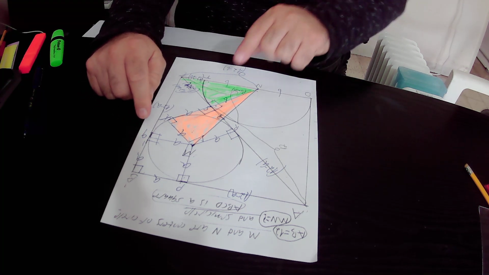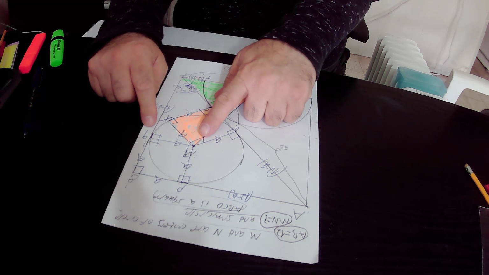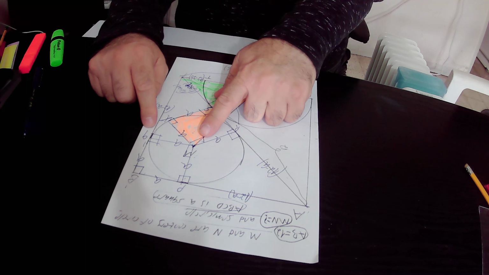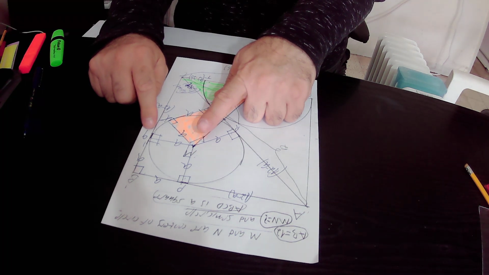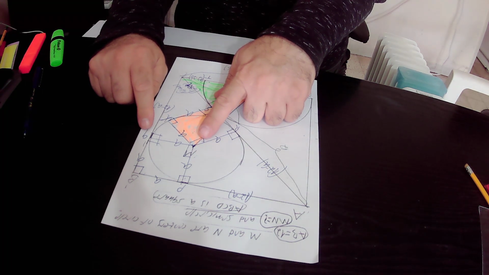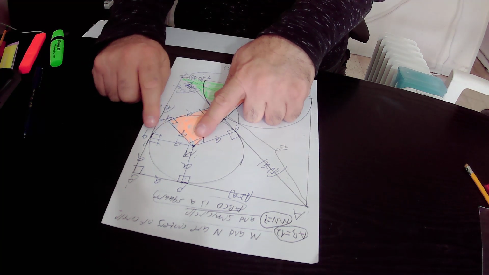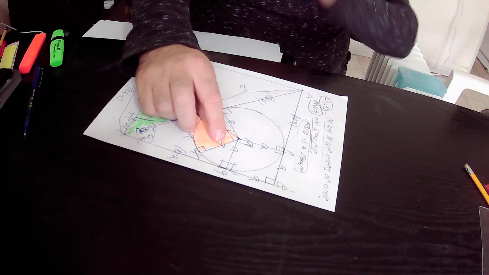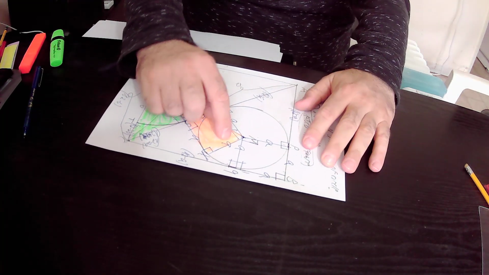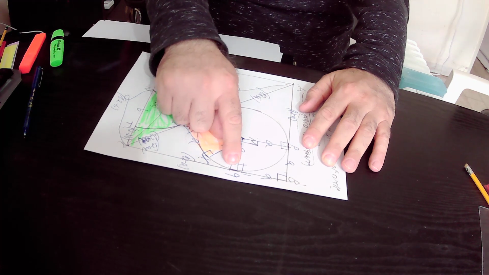And we join points M and Q together by a straight line. MQ is the radius of this circle because it starts from point M, that is the center of the circle, and ends at point Q, that is a point on this circle itself. And this is exactly the definition of the radius. So MQ is the radius of this circle, and we have the radius MQ that is drawn to the point of tangency.